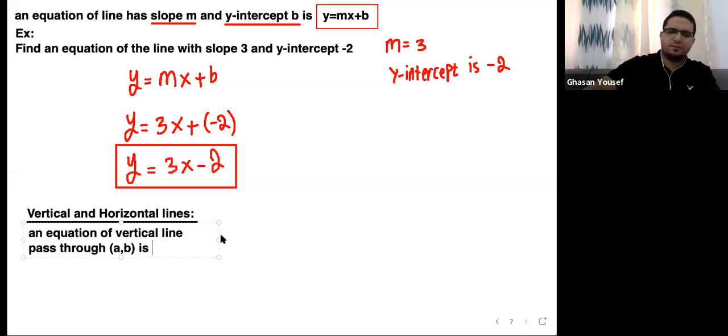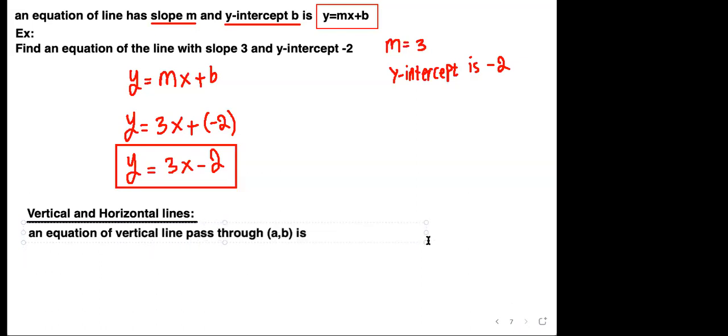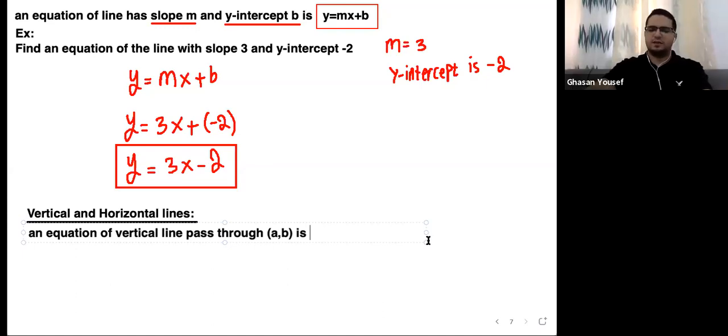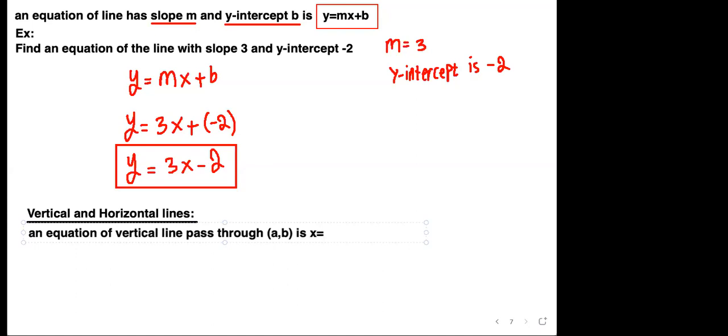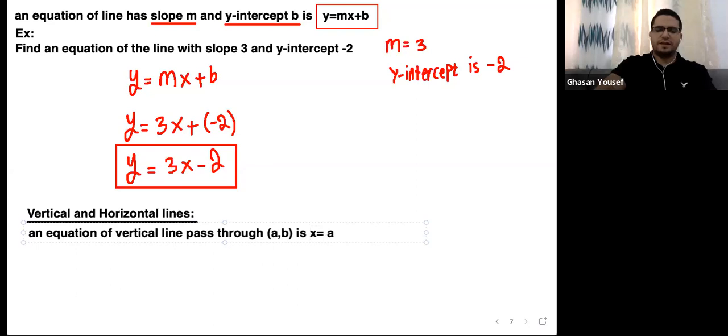Go ahead. Is it y equals a? Because it's a vertical line, it's supposed to be x equals A. Yes, x equals a. The vertical line does not have a slope, but it still has an equation. The equation of the vertical line passing through the point A comma B is x equals A.